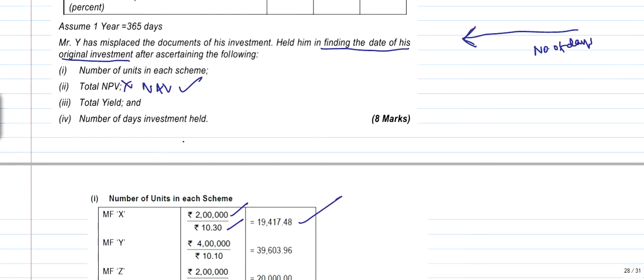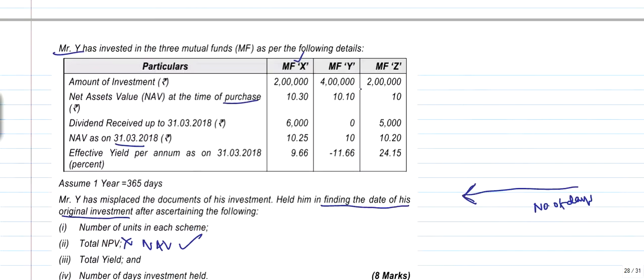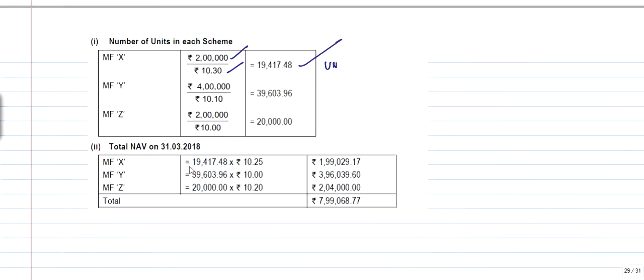Closing NAV is given. We know the units also. Units into NAV, we will get the total NAV.